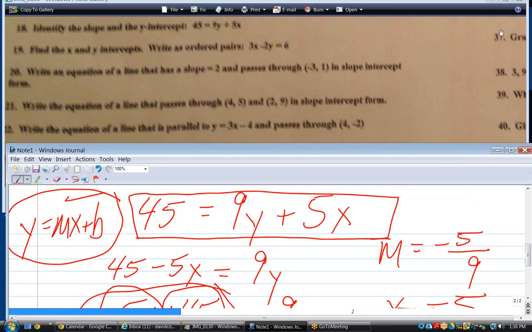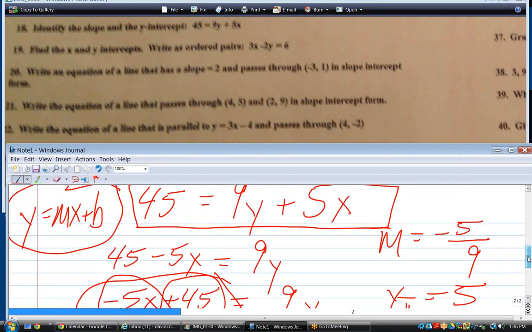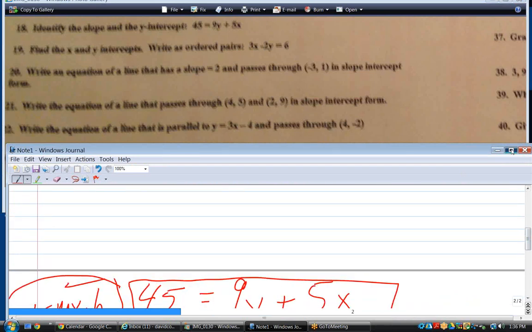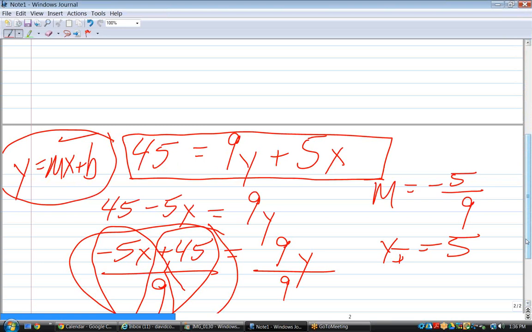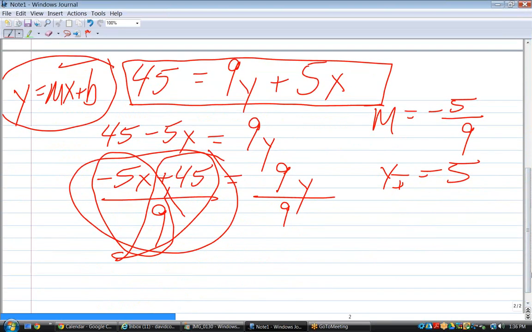David, does it make any difference that when he starts, since he wants to isolate y on the left side, is there any benefit in trying to put the 9y over to the left side and the remaining terms on the right? I have mixed feelings about that. To put the y on the left, you're going to have to change its sign and make it minus 9y.